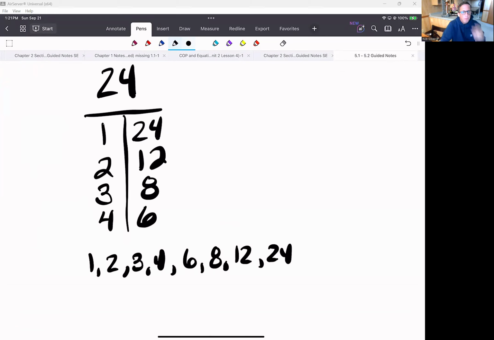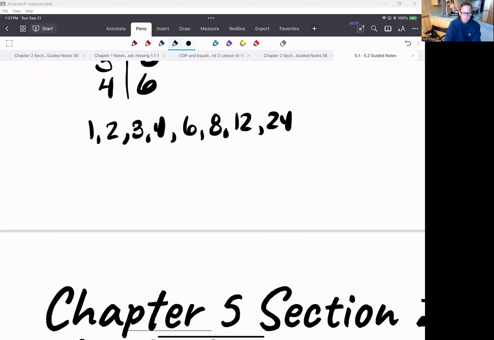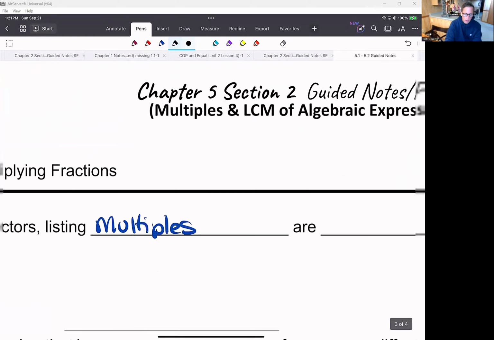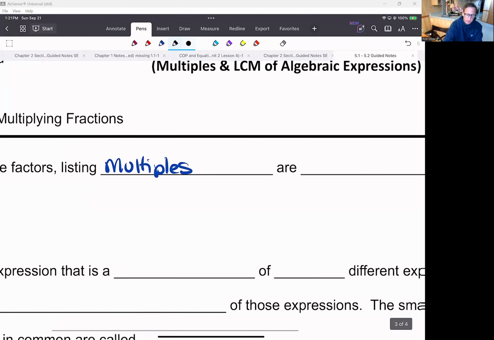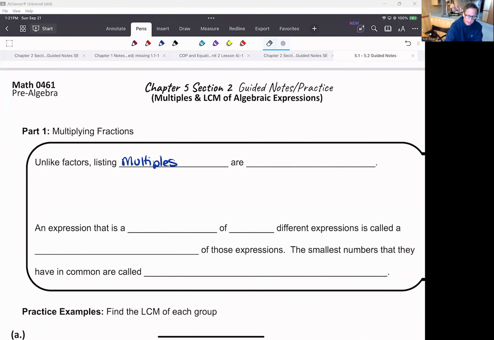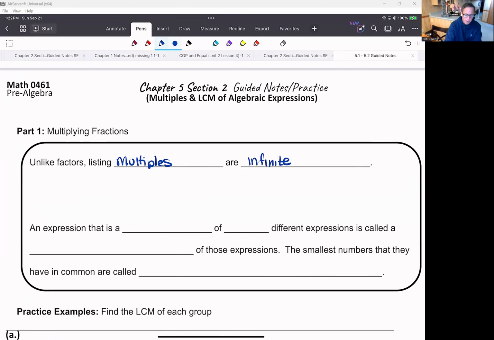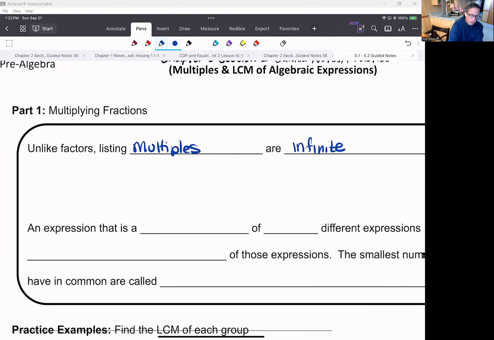But unlike factors, listing multiples, that's infinite. There is no end to the number of multiples we can have, like for the number 8. 8 times 1, 8 times 2, 8 times 3, 8 times 4, 8 times 5, right?